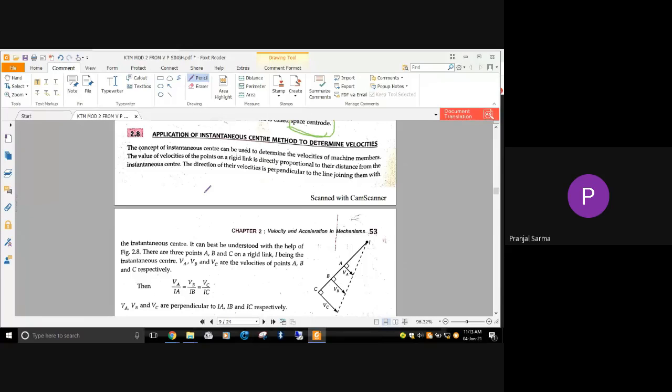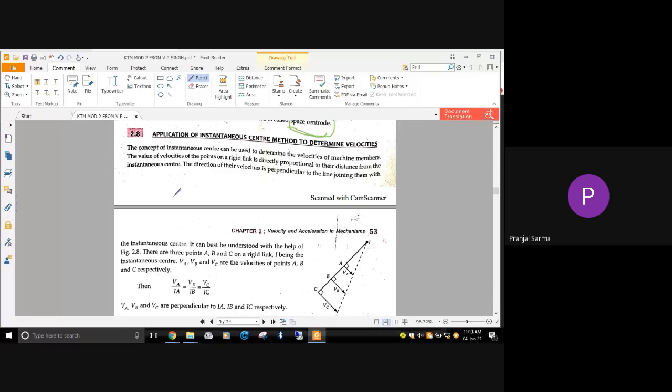Now, how are the instantaneous center and the velocity related? The velocity of a point on a rigid link is directly proportional to its distance from the instantaneous center. That means if you know the link, and the point within that link you are interested in, and if you know the instantaneous center for that position, then you can get the distance of different points from that instantaneous center.